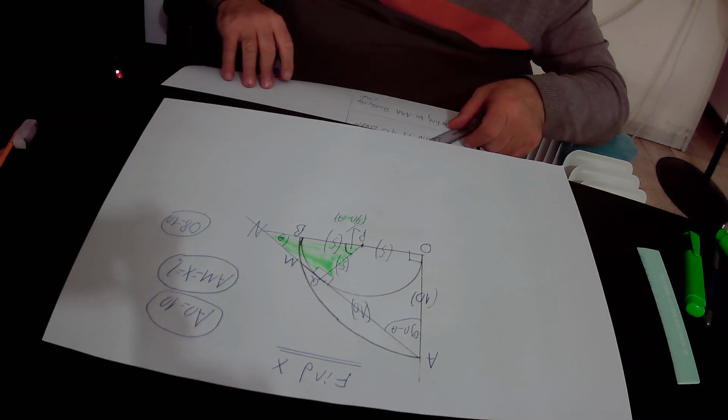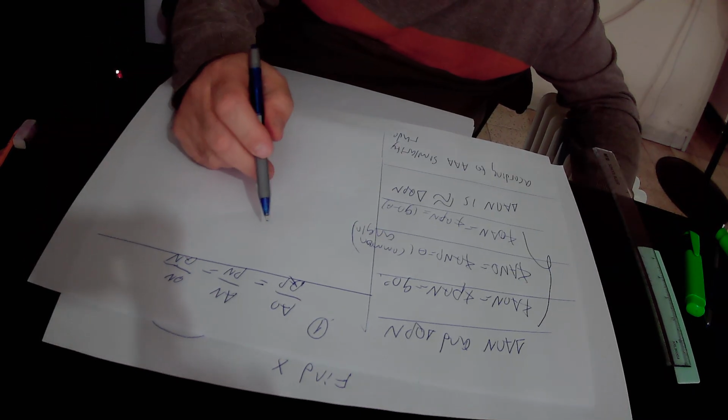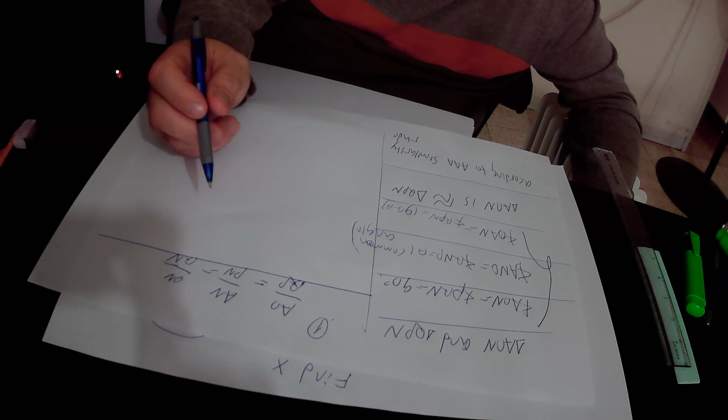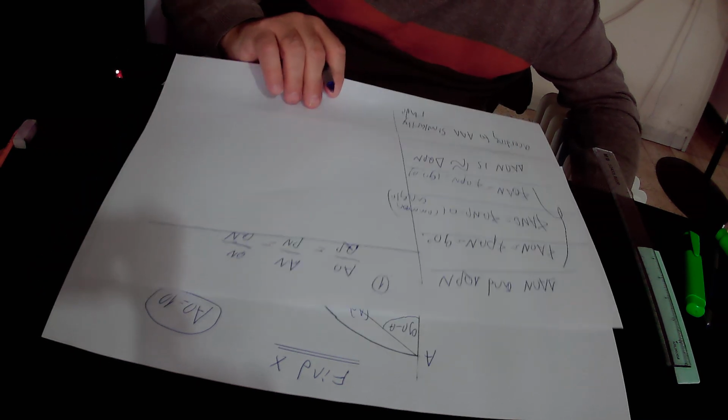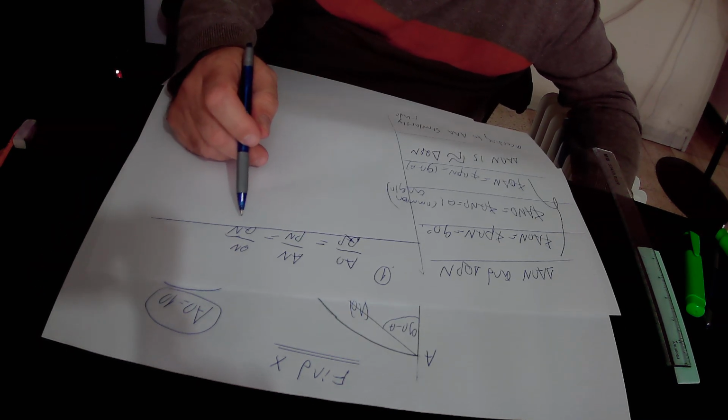So actually we found out that AO over QP equals AN over PN equals ON over QN.